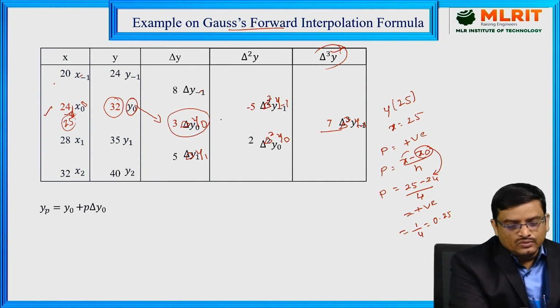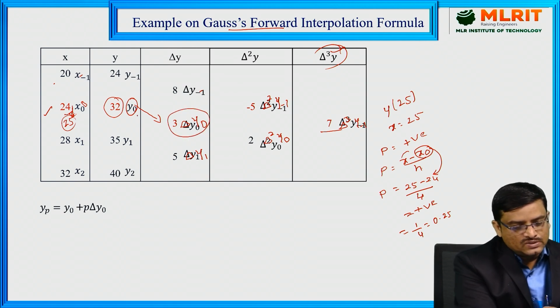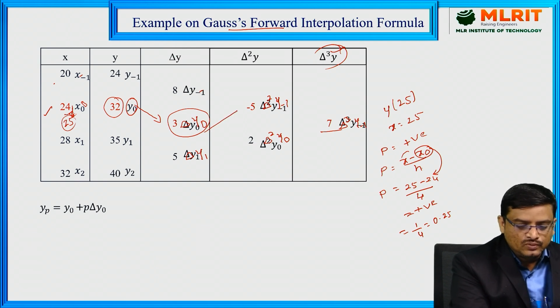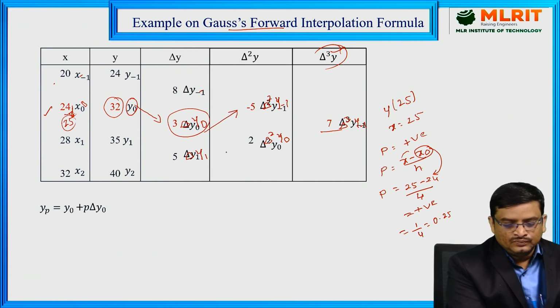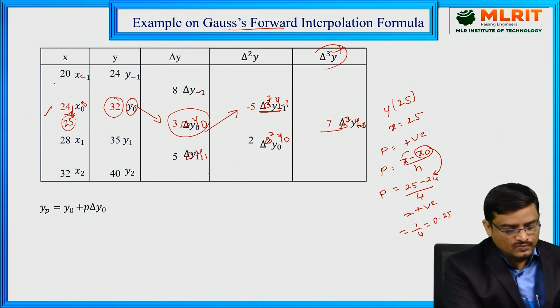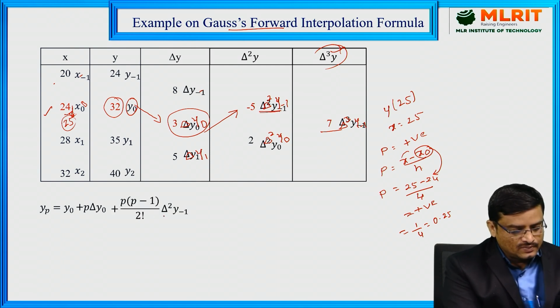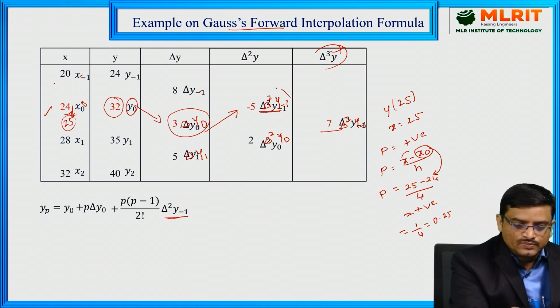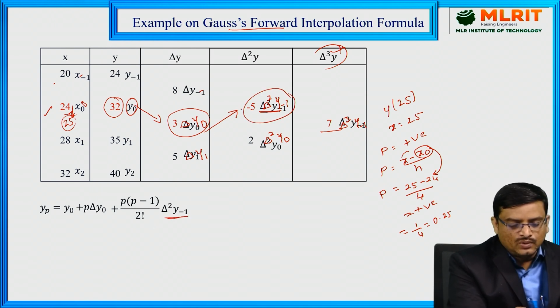Now if you want to go to the next column here, first we moved downward, now from this column you move towards the upward direction. The upward direction is represented with delta square y suffix minus 1. So our second term contains delta square y suffix minus 1. Now we are at this point, the upward move is completed.